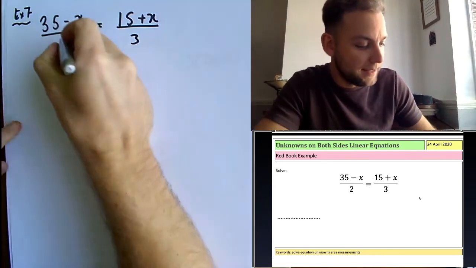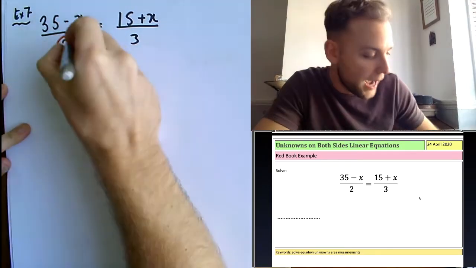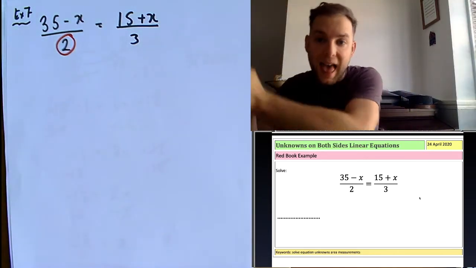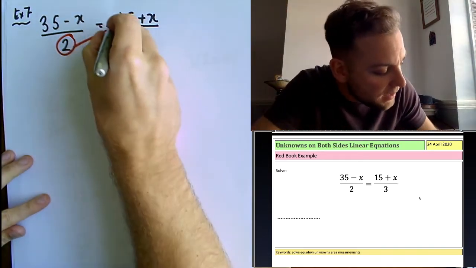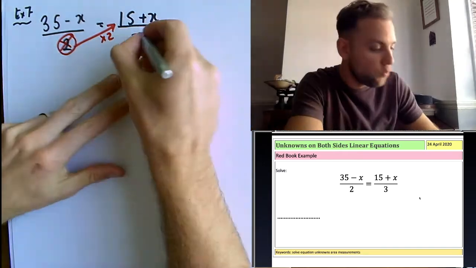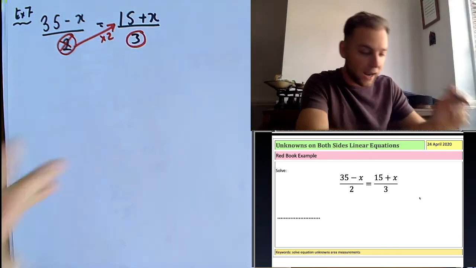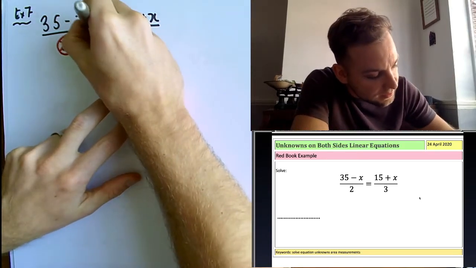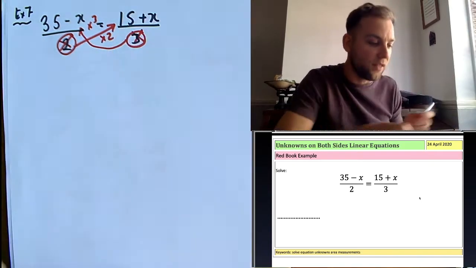And I do that by taking this divided by 2, and I'm to get rid of a divided by 2 on the left, and timesing this side by 2. That's getting rid of that. To get rid of this divided by 3 on the right, I'm timesing the left-hand side by 3, and that will get rid of that.